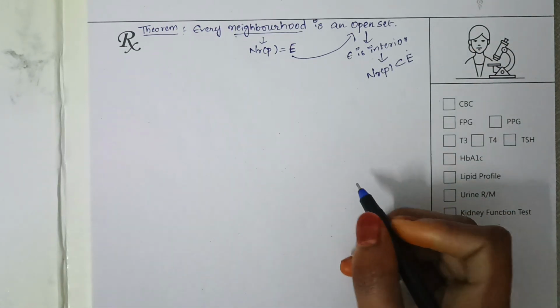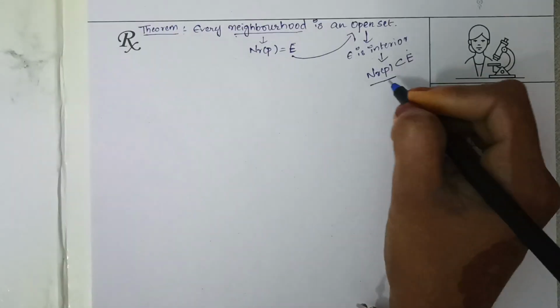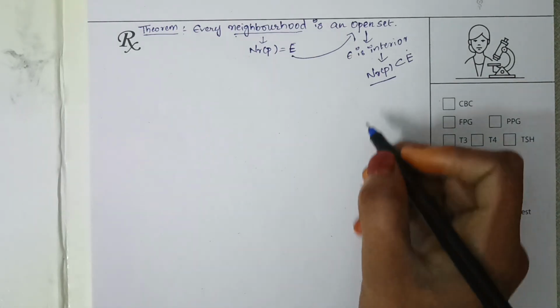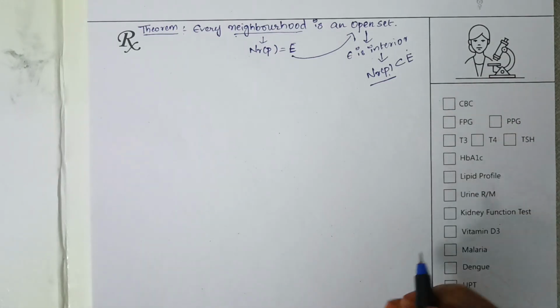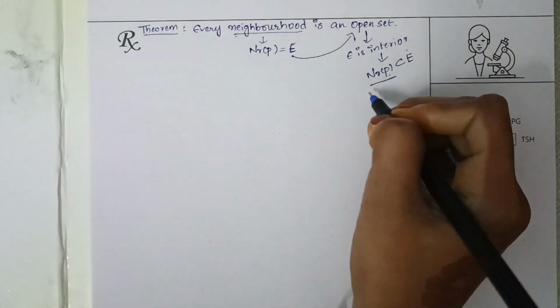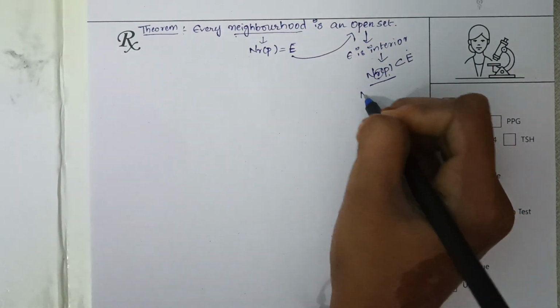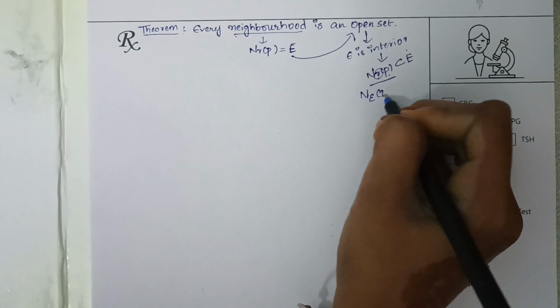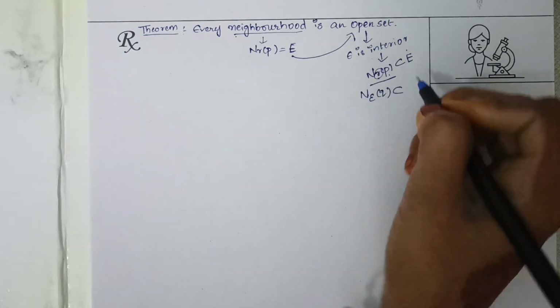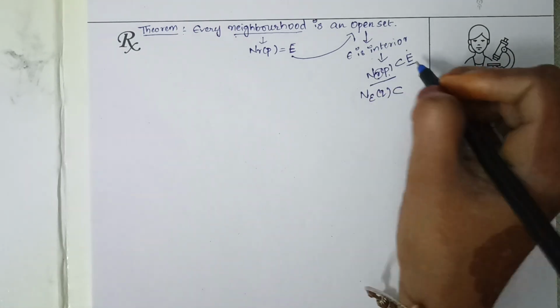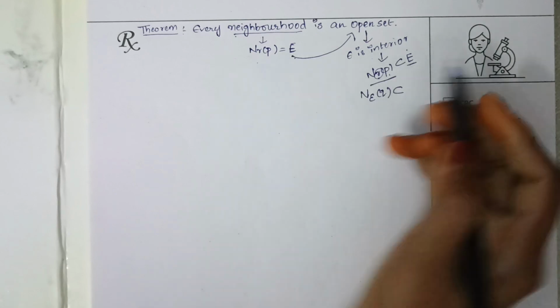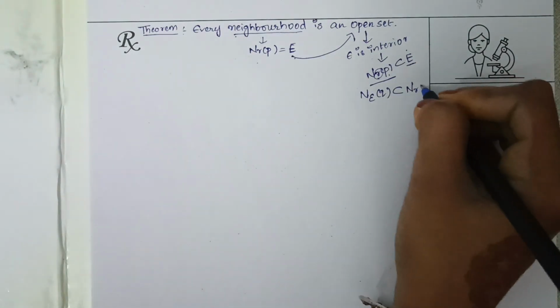Here, just simply, we take the neighborhood of point P. In place of point P, I am considering point Q and I am taking the radius as epsilon, which is nothing but N_epsilon(Q) is a subset of E. I am considering E as N_r(P), so a subset of N_r(P).